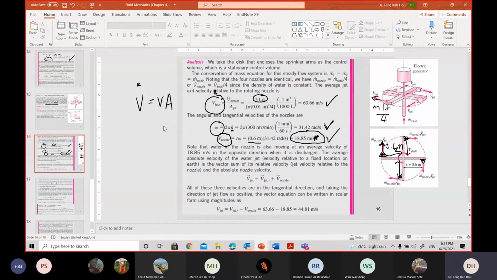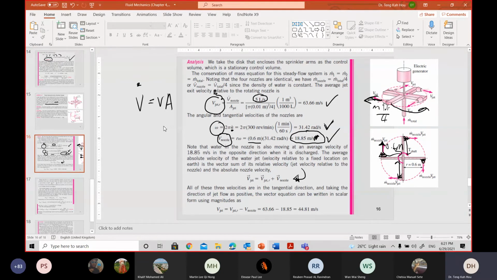So what in fact they tell you here is, when you look further on, you will have two different velocities, because you have rotation and at the same time you have this push forwards. That's why the total jet will have V jet minus V nozzle, because when you push forwards, it will rotate backwards.